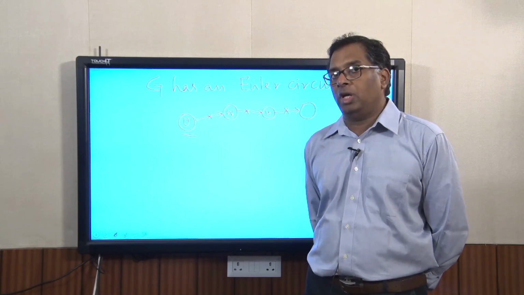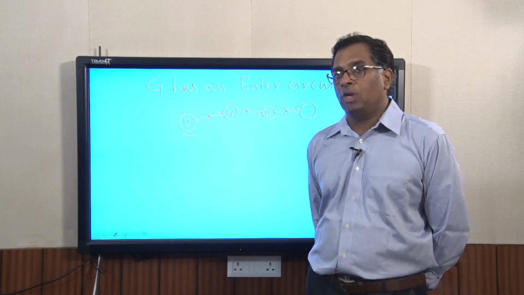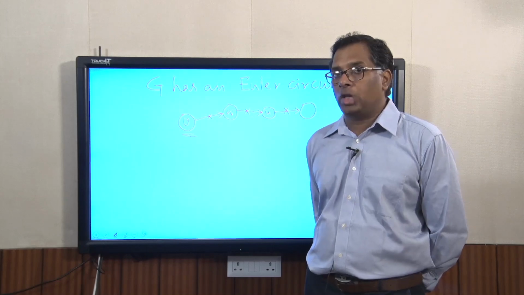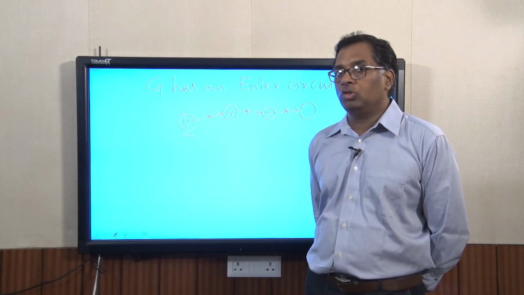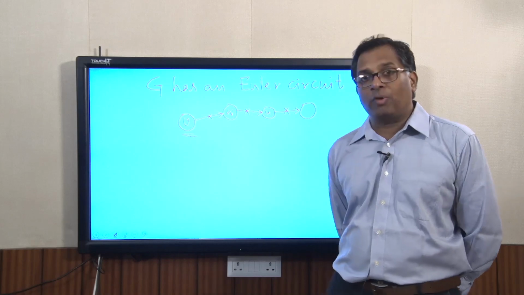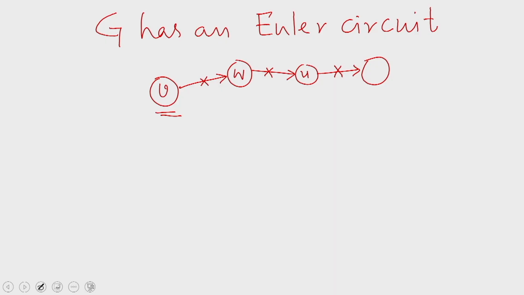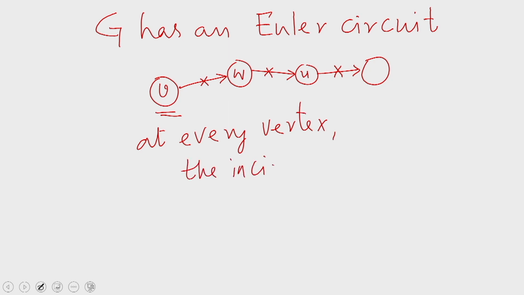So, every vertex that we encountered, we entered through one edge and left through another edge. So, this is a unique pair. So, what we find is that at every vertex in the graph, the incident edges can be paired off.